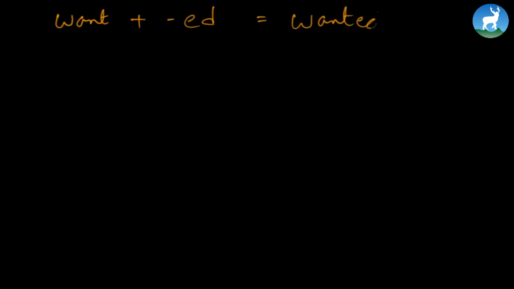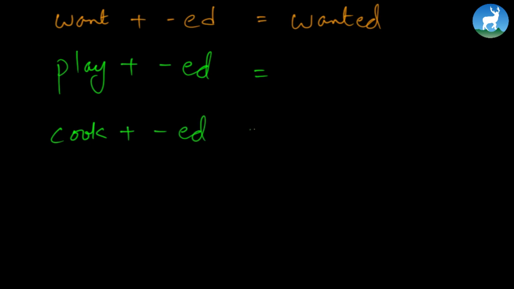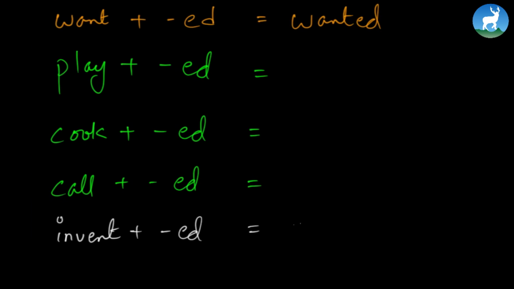Very simple, isn't it? Similarly, we have play plus ed. The result will be, come on, you can do it right away. Cook plus ed, call plus ed would give you, and finally invent plus ed would give you invented.